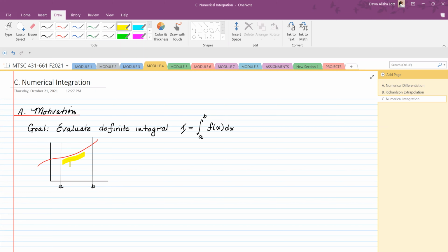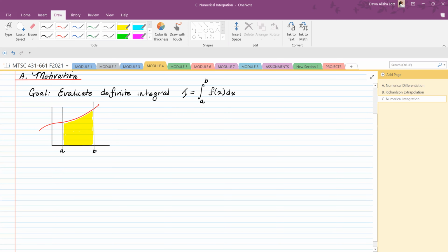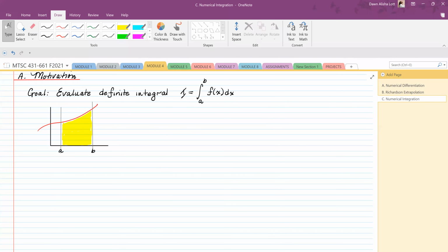So we're looking at the area under the curve of that. Okay. Now the thing is, this integral is not always easy.